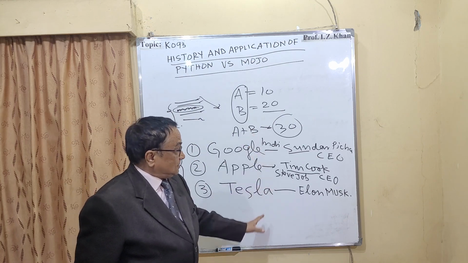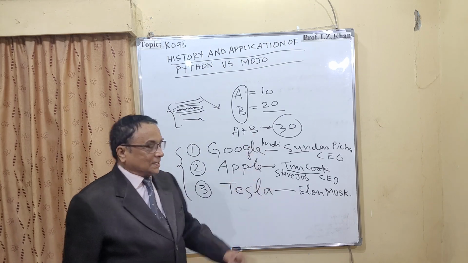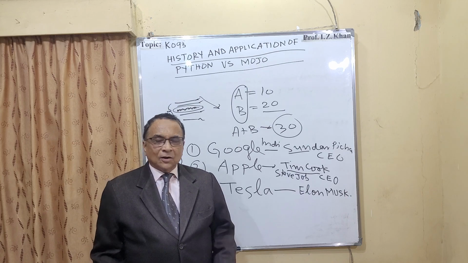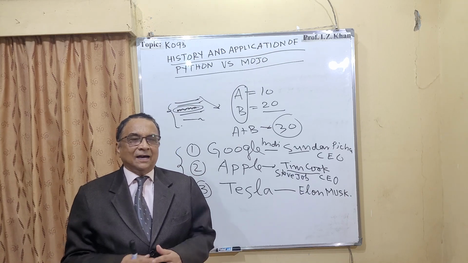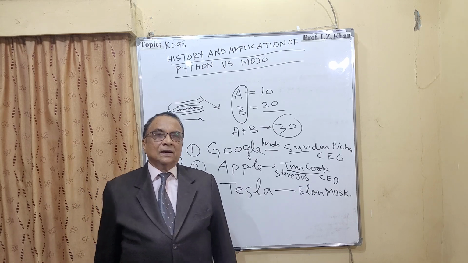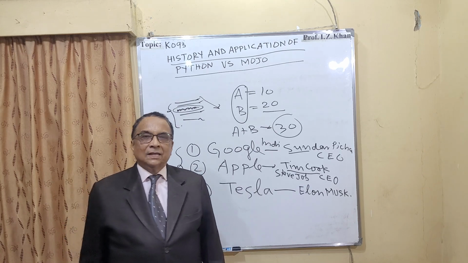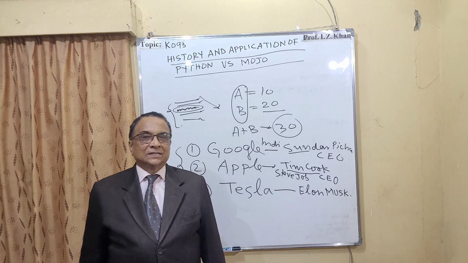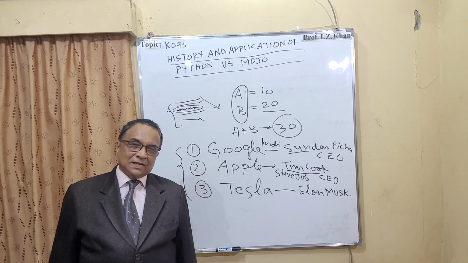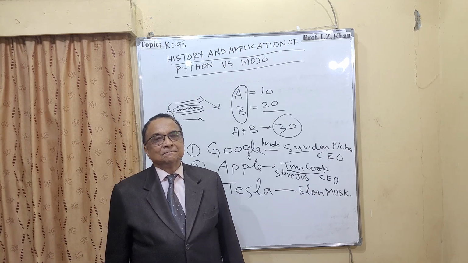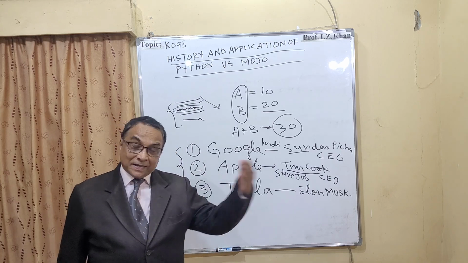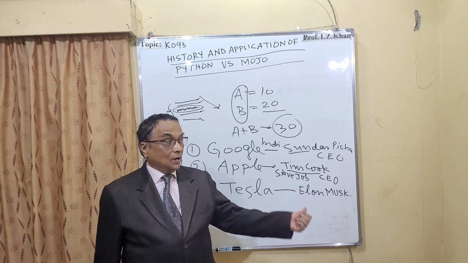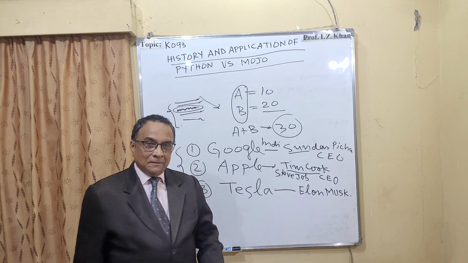And all these companies, Google, Apple, and Tesla, are worth hundreds of billions of dollars. They are dictating and governing all the information and artificial intelligence based companies, creating millions of jobs, and will be creating millions of jobs, and these companies will have the main role.